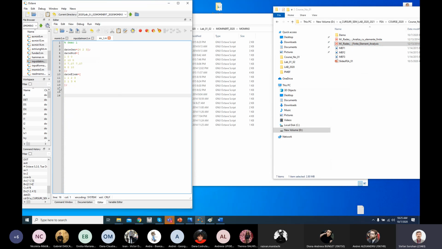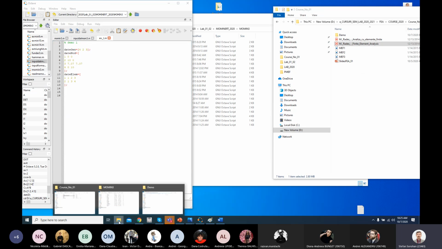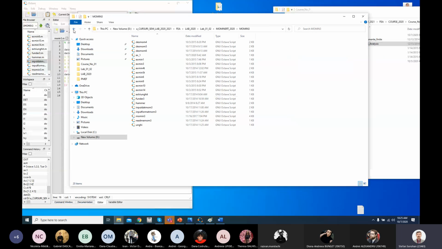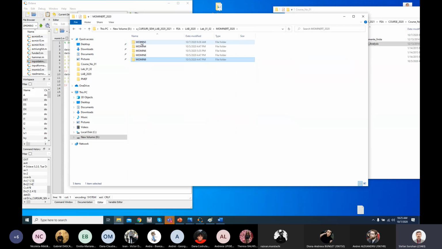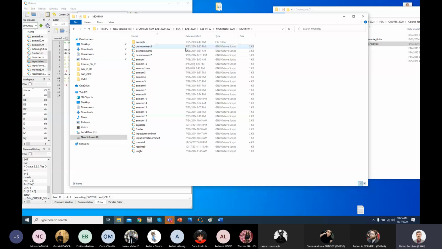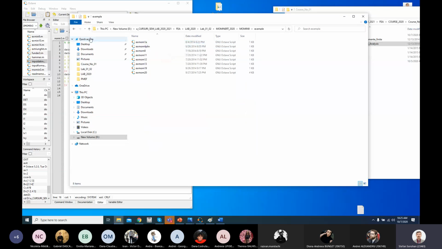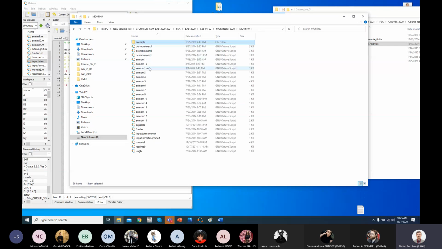Let's start to use the code, the last code. The last is Momin 9. It is something similar to the previous one, but more complex. So also here you have a directory with some different examples. The examples are also here, and as you know, the main file, the command file, has the same name as this directory.